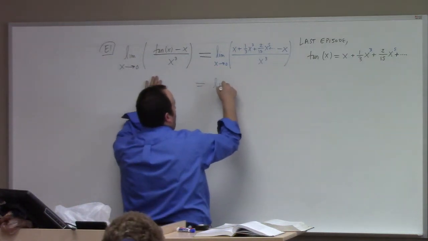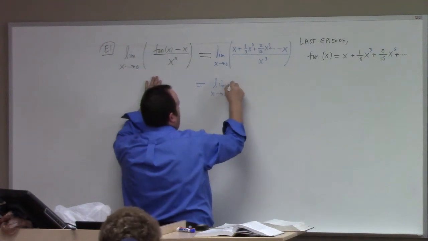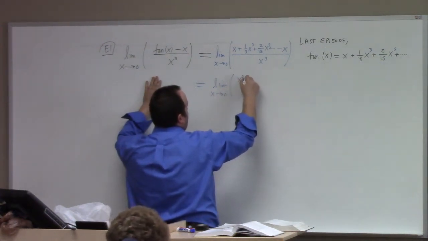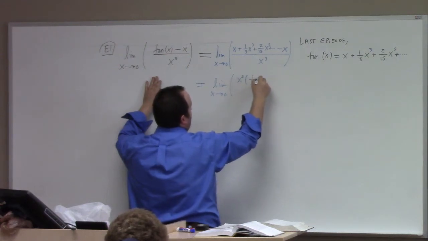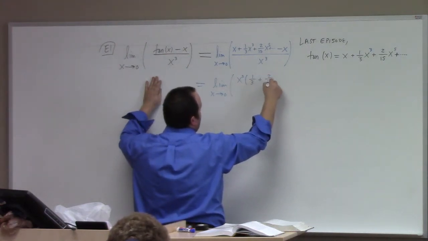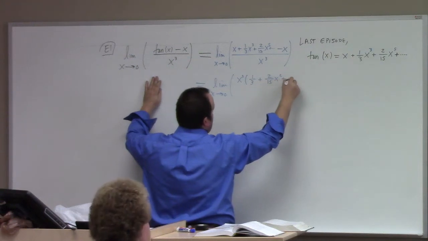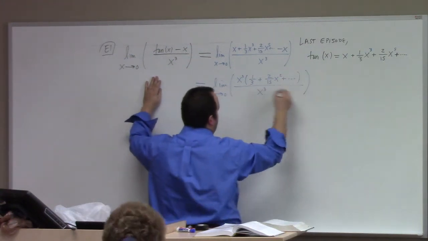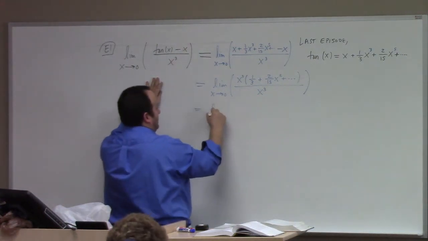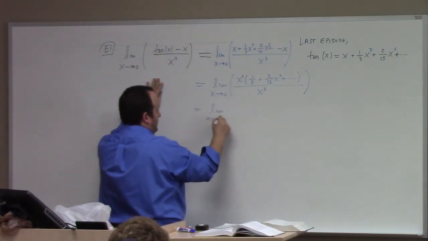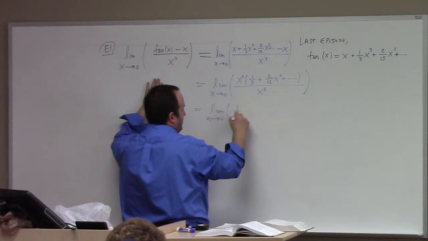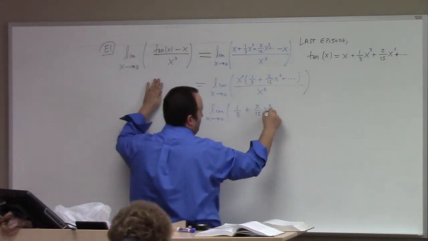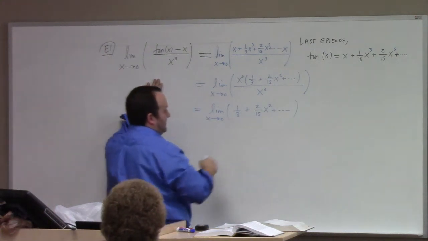You notice what happens is we've got an x cubed that we could factor out at the top. That would leave us with a 1/3 plus 2/15 x squared, stuff like that, and then there's an x cubed downstairs, so you can cancel those. The limit is immediately clear once you get to this, because we've got terms with x and higher.